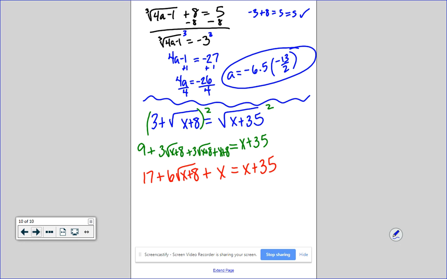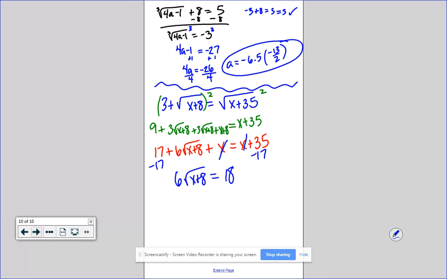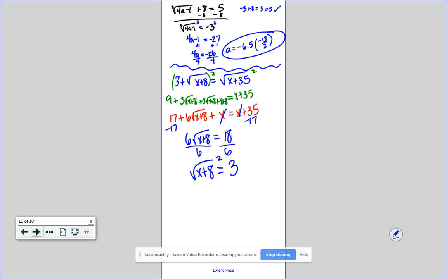Now I need to isolate the other radical. So x and x are going to cancel each other. Minus 17. So I get 6 square root of x plus 8 equals 18. Get the radical by itself. Square root of x plus 8 equals 3. Square both sides. x plus 8 equals 9.